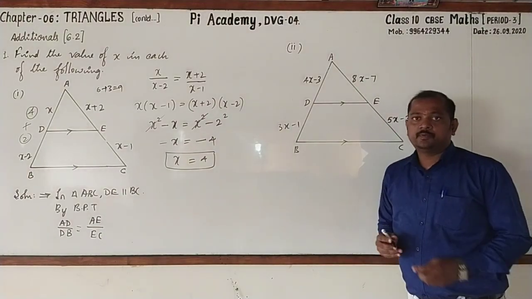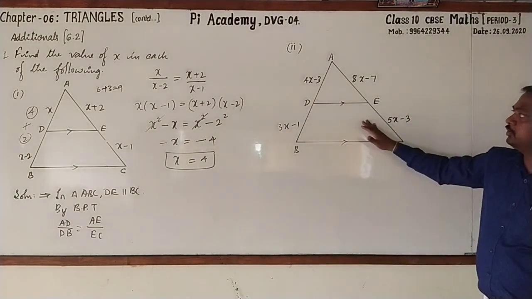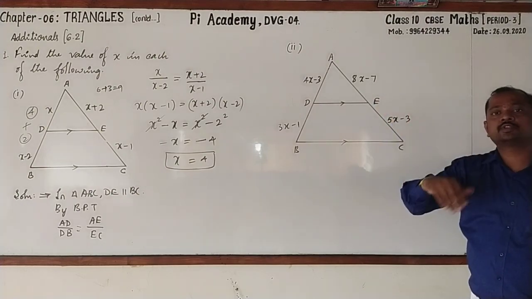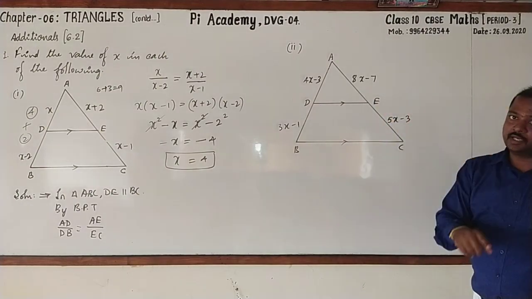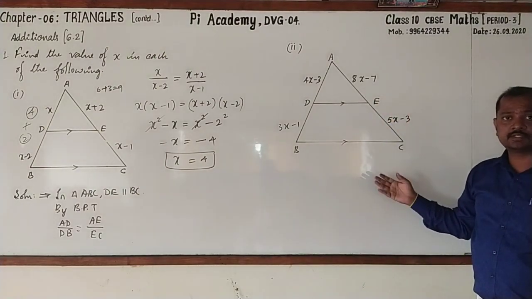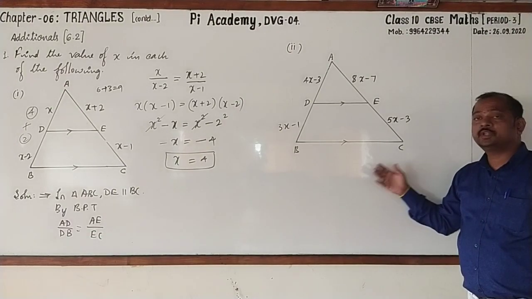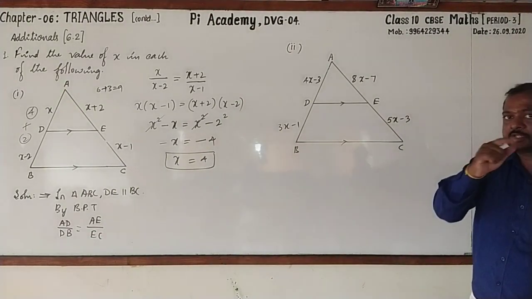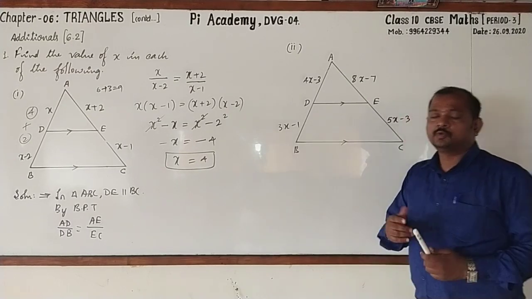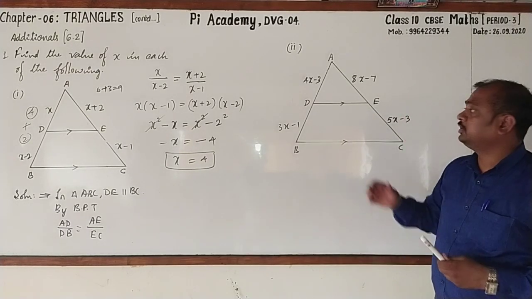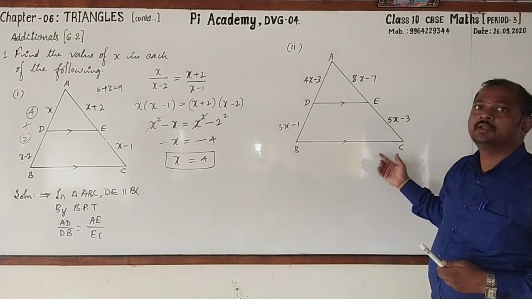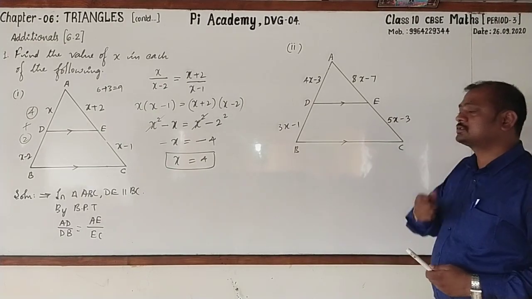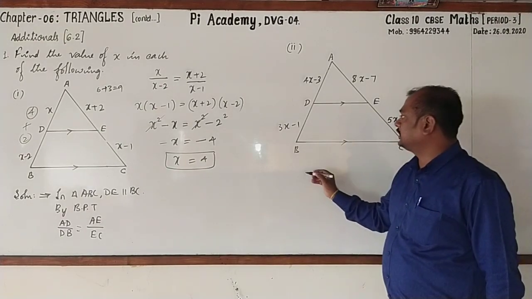And the second one. Pausing the video, copy this and try to solve it yourself. Then after getting the value of x, you can check with my writing. Just pause the video. Hope that you have already found out the value of x. Now I'll go for solving, so go for cross checking.